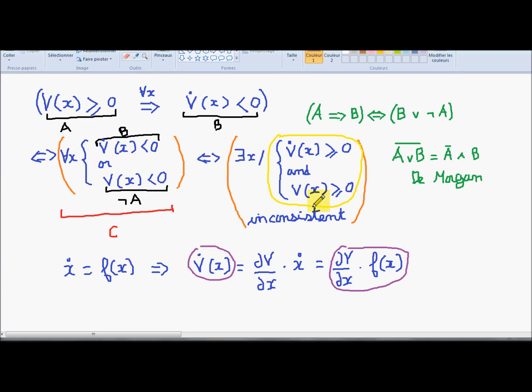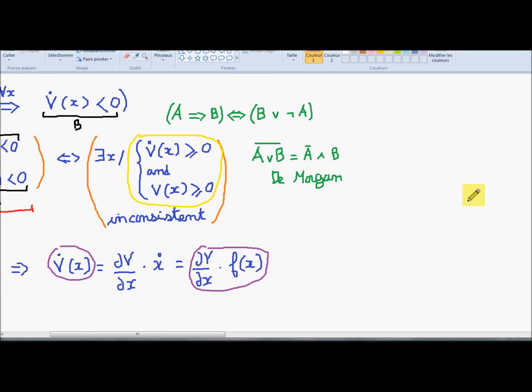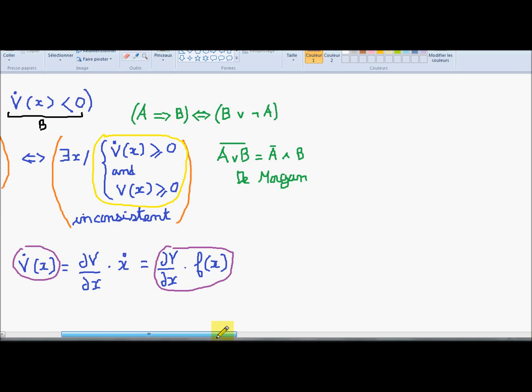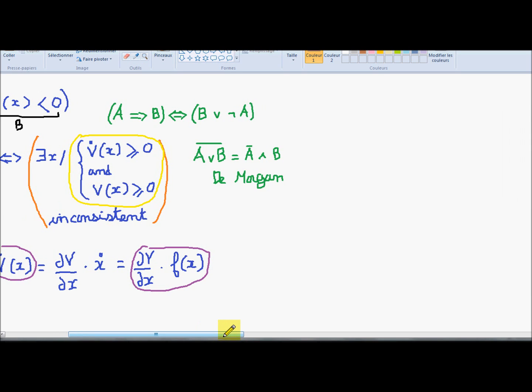So what does this mean? It means that I will draw a small picture. I have here a set where V of x is negative, and outside this set, V of x is positive.